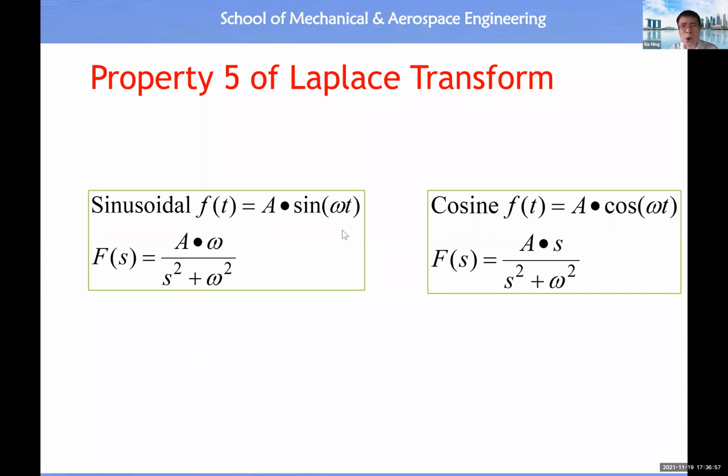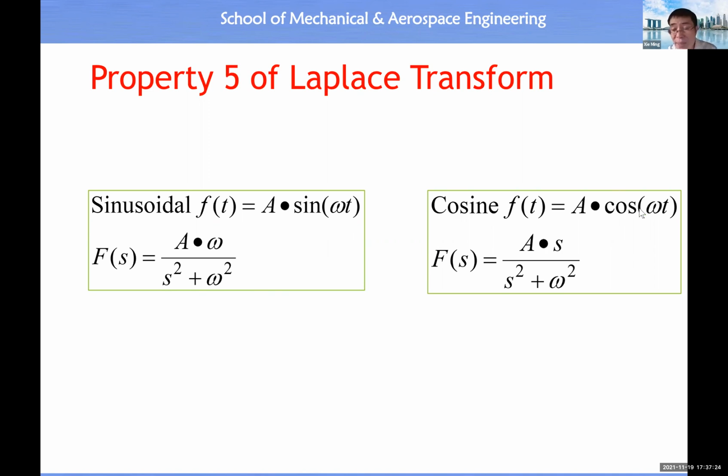Another useful result is to reduce the complexity in the time domain of the sine and cosine functions into a ratio between 2 polynomials, all right? For example, in the time domain, sine omega t is quite a complicated function, okay? But when you do the Laplace transform in the frequency domain, you see this is very simple. It's a ratio between 2 polynomials, okay?